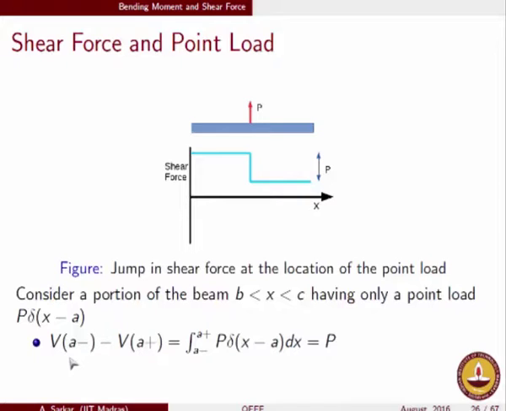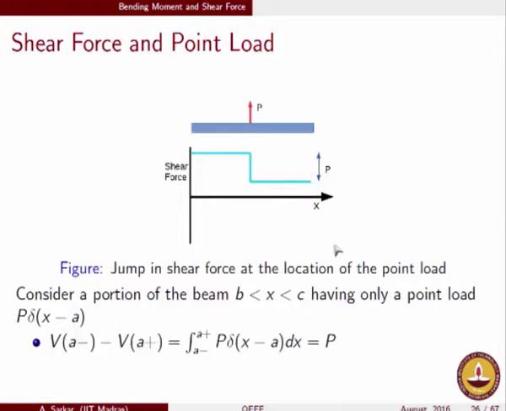As per our definition, the jump in shear force between these 2 points a minus and a plus should be equal to the integral of this, and this by definition is P, right. So there is a jump in shear force, VA minus minus VA plus, and this jump has to be positive, which is P. So VA minus has got to be more than VA plus. So VA minus is VA plus plus P as per this convention.